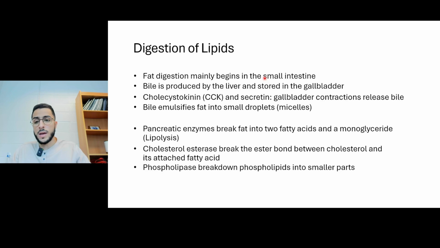When the food reaches your intestine, bile will be secreted from the gallbladder into the intestine. It's produced in the liver, stored in the gallbladder, and released in the intestine upon the secretion of two molecules, cholecystokinin and secretin. These will just tell the gallbladder to contract and release the bile.